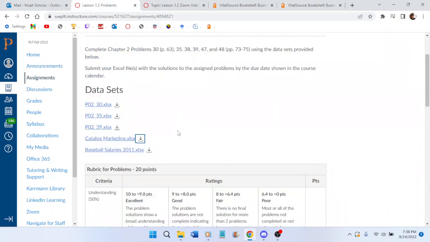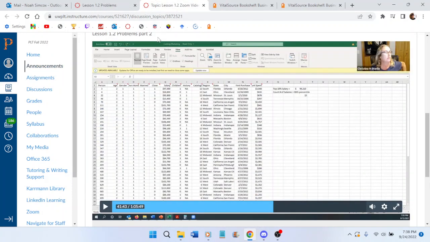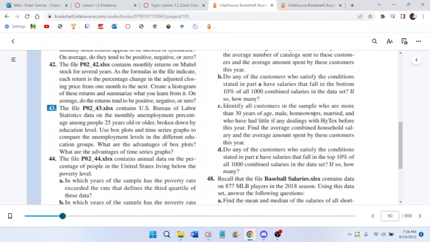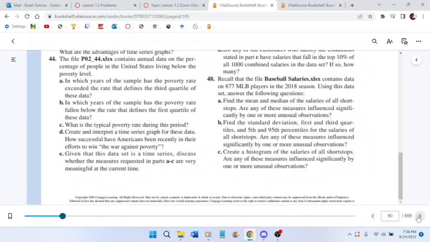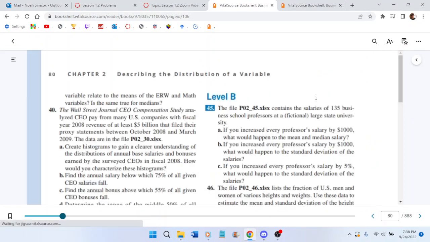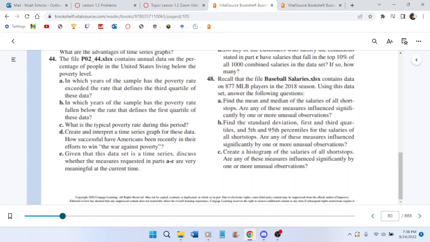The final problem is problem 48. Just the next problem. Please tell me it doesn't go to the next page. Good. This is the final problem.